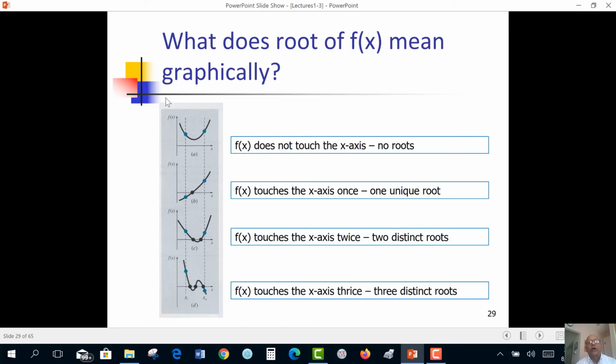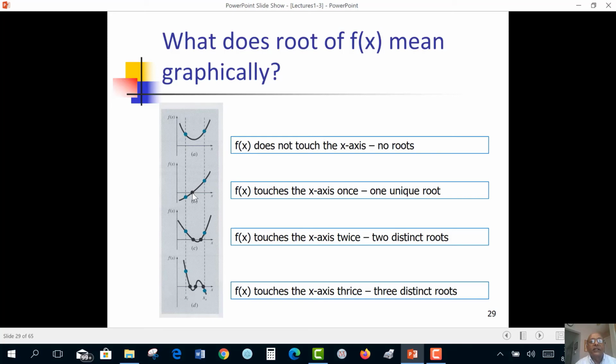We are always talking about real roots in this course, unless it is specified in the problem. Let's consider another case. Let's suppose the curve looks like this. Now it touches the x-axis here. So here f of x is equal to 0.